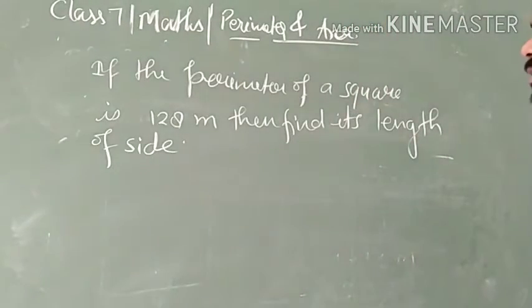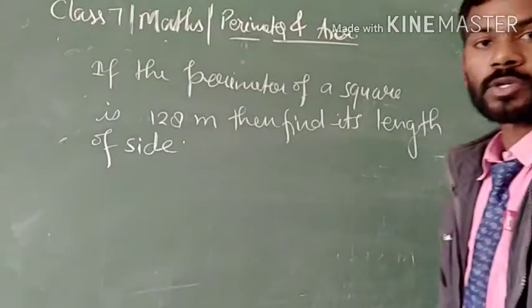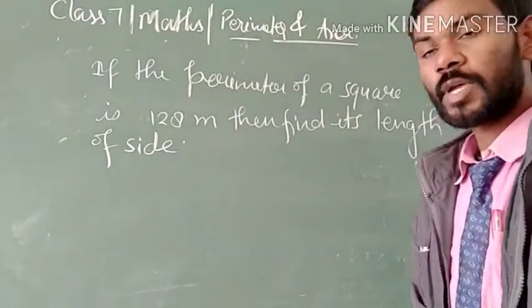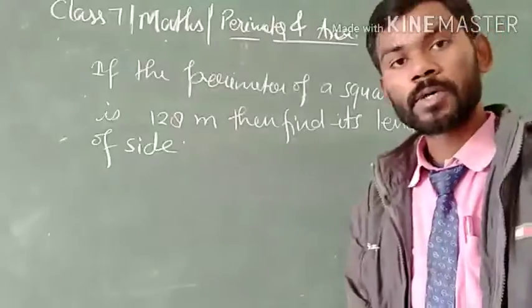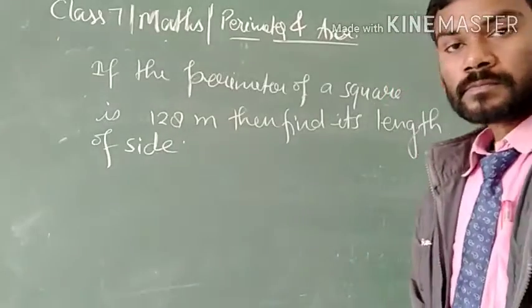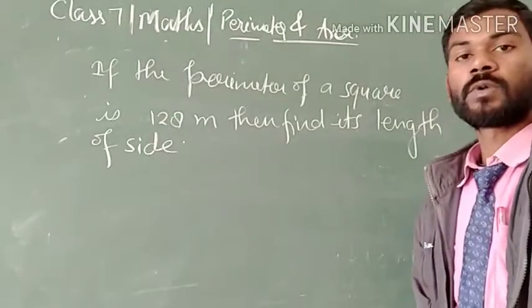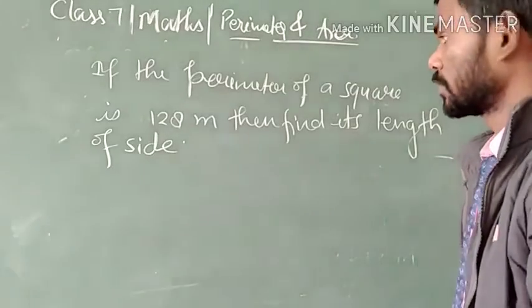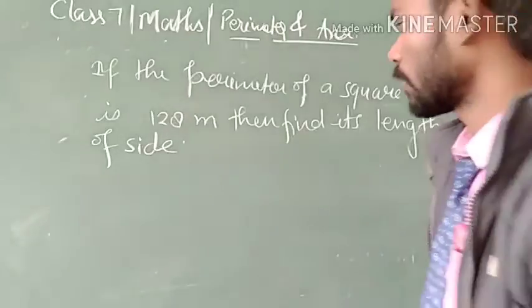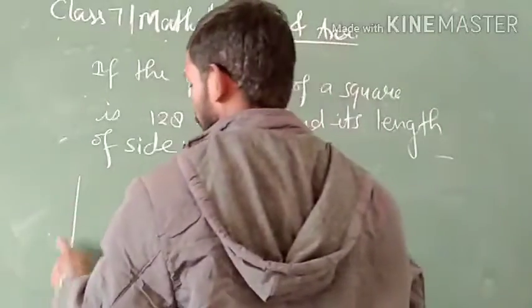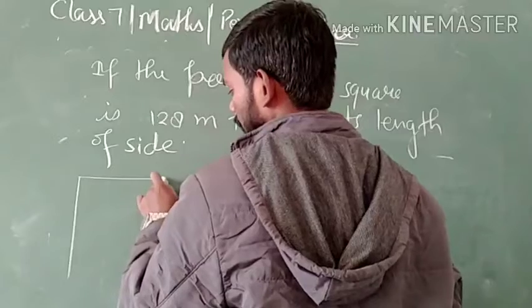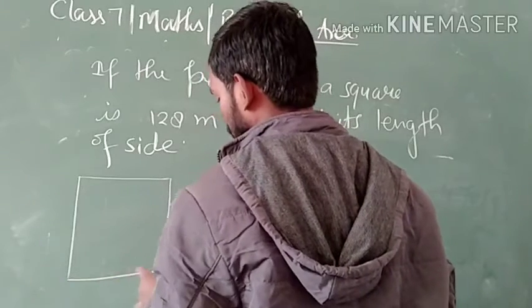So, just try to understand what the question wants to say. In this question, the side of a square is not given, which means that we have to find the side of square. The perimeter that is given here is 128 meter. So let us see how we solve it. First of all, let's understand it with the help of figure.